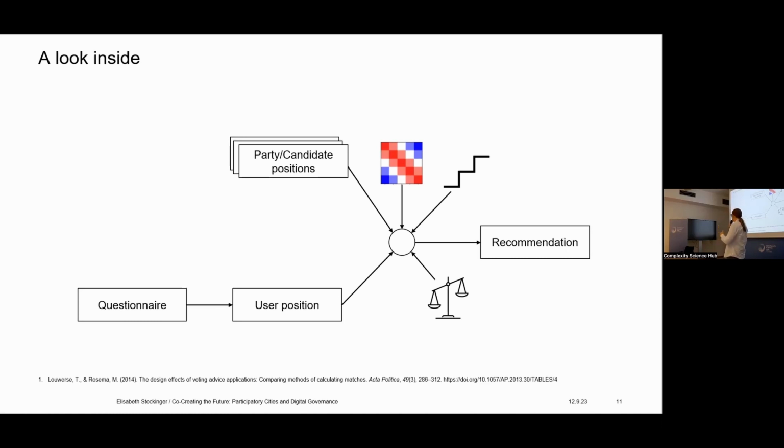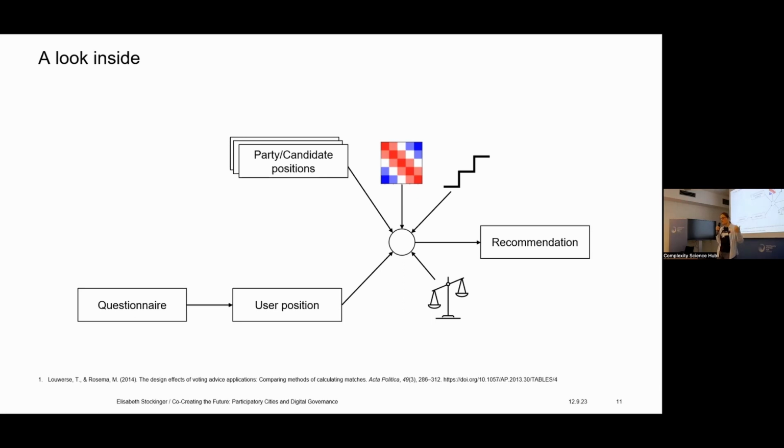In quite an old study of 2014, it's been found that StemWiser, which is perhaps the oldest voting advice application in Europe, and certainly one of the most popular ones, by changing from a high to a low dimensional political representation, this means that rather than considering each question a separate axis and taking the distance in between each of these axes independently, but instead projecting each question onto a scale from left to right and from liberal to conservative, by changing this design choice, we arrive at different recommendations for the vast majority of users.